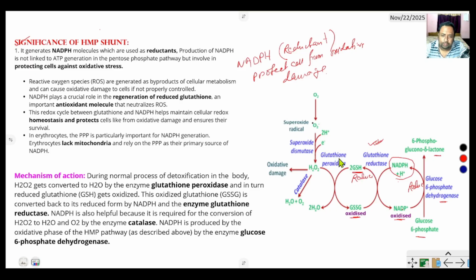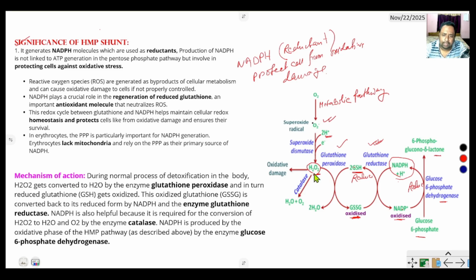In the presence of glutathione peroxidase, the reduced glutathione is oxidized, and the hydrogen peroxide produced by different metabolic pathways or oxidation reactions is removed. Oxygen is converted into superoxide, which joins with protons and produces hydrogen peroxide.